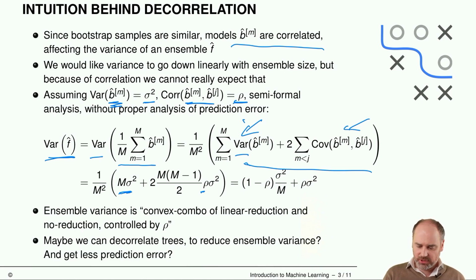But correlation multiplied by the standard deviation of the one variable multiplied by the standard deviation of the other variable is the same as covariance. And because they all have the same variance, the covariance between m and j is simply rho times sigma squared.